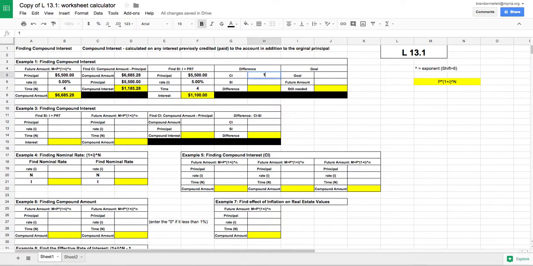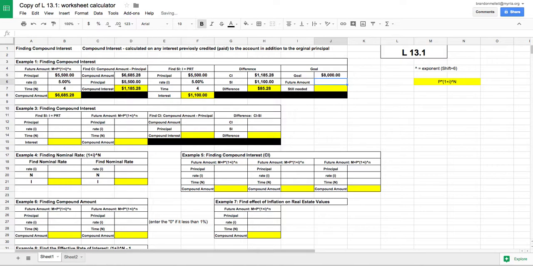Now what would be the difference between the two, the compound interest of $1,185.28 and the simple interest of 1,100? We'd find that compound interest would bring in $85.28 more than simple interest would. Now, the goal was $8,000.